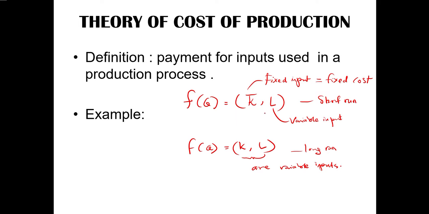Tapi kita tahu syarat dia untuk short run, this input which is capital ni is unchanged. Kita tak boleh rubah, kita tak boleh nak tambah sewa 2 kedai, 3 kedai, sebab kita ada constraint, which is we don't have much money to add up the fixed input. So that's why the cost of using this input will also become fixed cost.